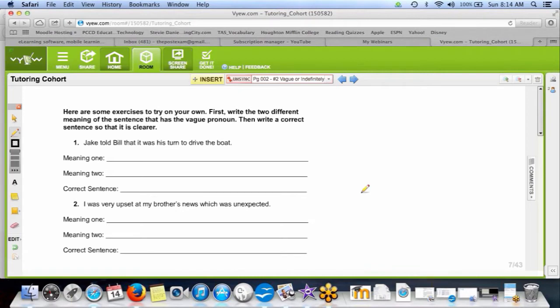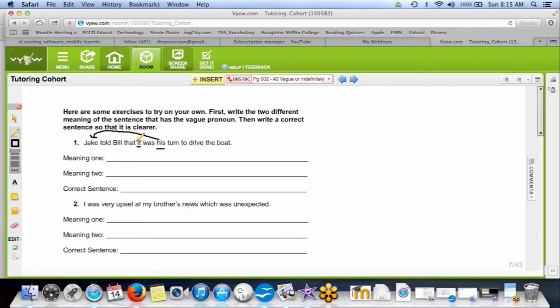So here we have Jake told Bill that it was his turn to drive the boat. Notice I have two pronouns. It doesn't mean that they're both vague. It just means you have to decide which one is vague. Okay, well here, what's vague, it or his? Well, it's going to be his because I have two males.